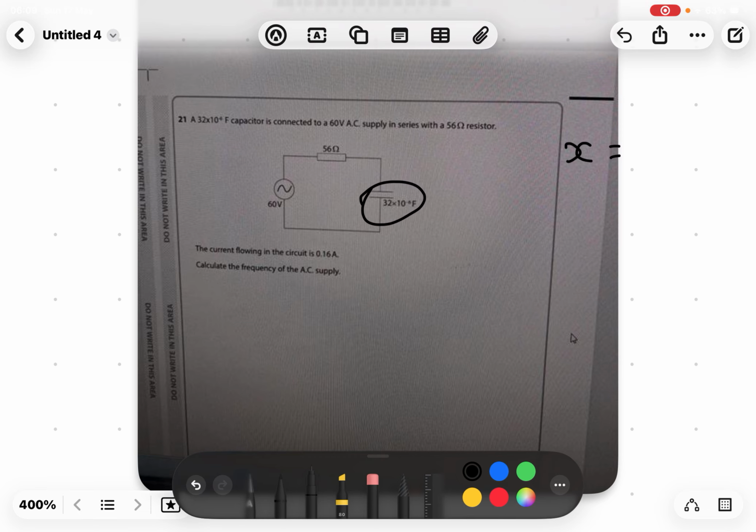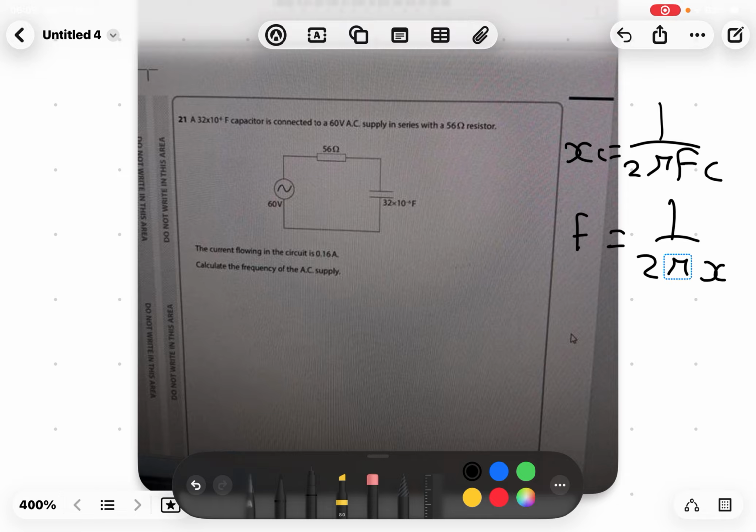This is the capacitor, so there's an equation, XC equals 1 over 2 pi f C. We need to make f the subject, and that will be f equals 1 over 2 pi XC C. So we have to use our formula to understand all of it.